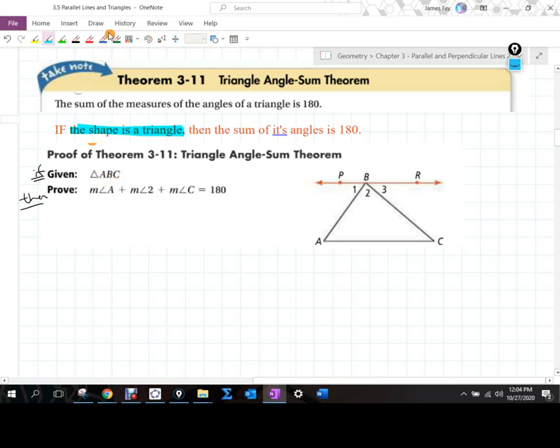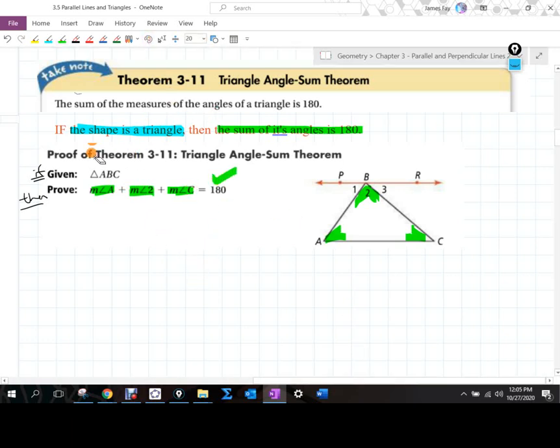All right, so we start with that, then prove this part. The sum of its angles is 180. Well, is one of its angles angle A? Is one of its angles angle B? And is one of its angles angle C? Are we showing that we are summing them to a total of 180?